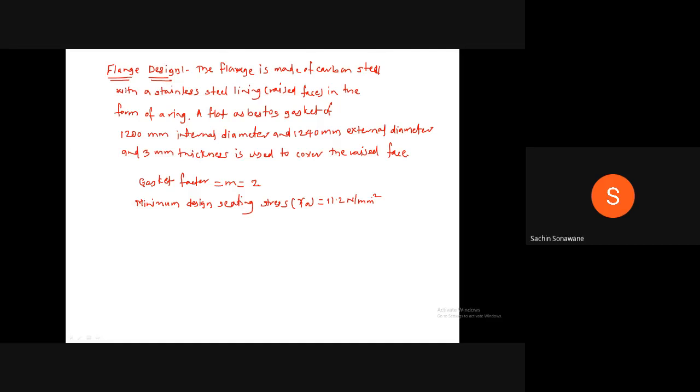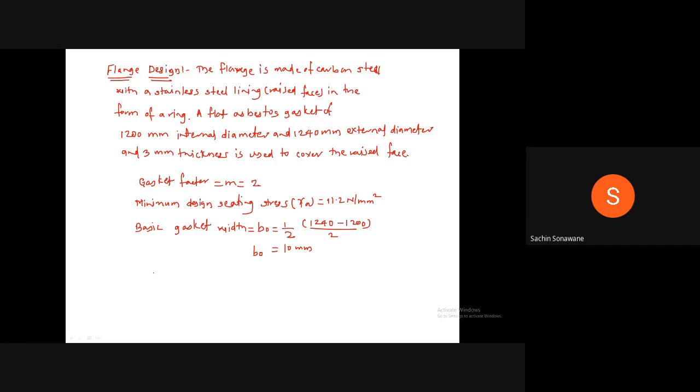Therefore, basic gasket width we can get: B naught is equal to 1 by 2 times (1240 minus 1200) divided by 2, which is equal to 10 mm. Therefore B naught is equal to 10 mm.